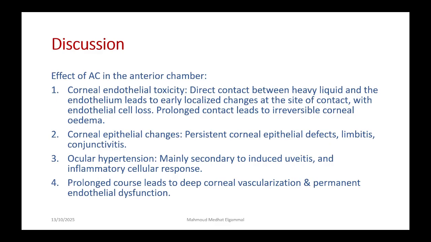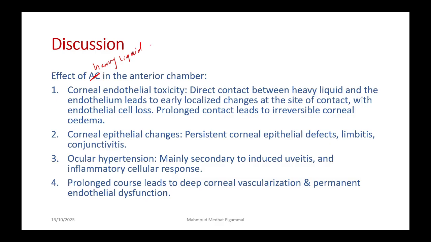Heavy liquid in the anterior chamber. Contact between heavy liquid and endothelium leads to corneal endothelial toxicity. There are early localized changes at the site of contact, especially if a small amount of heavy liquid migrates to the anterior chamber, which happens usually after 48 hours from the surgery.